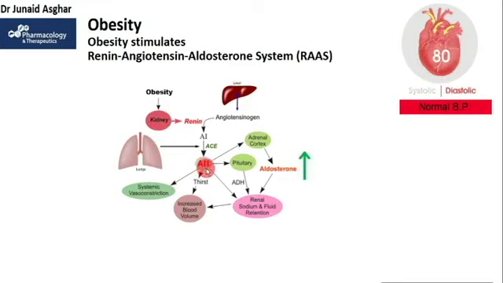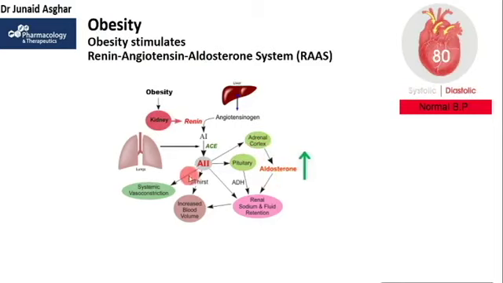Coming back to the system, the resulting angiotensin 2 has several biological functions, such as it stimulates the pituitary gland to release ADH or vasopressin. It also increases the aldosterone secretion from the adrenal cortex, which is a mineralocorticoid. This aldosterone is a steroid hormone which is released by the zona glomerulosa of the adrenal cortex.